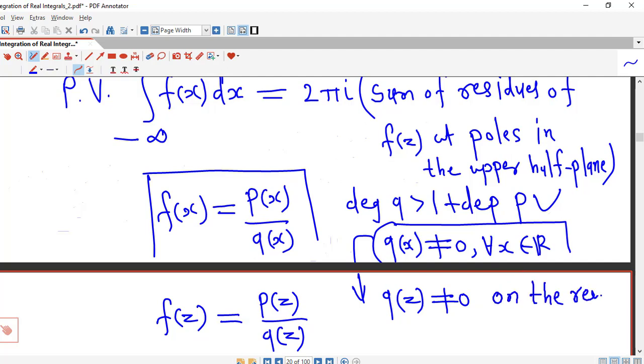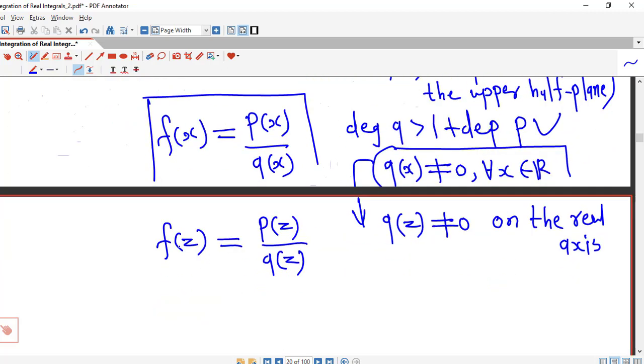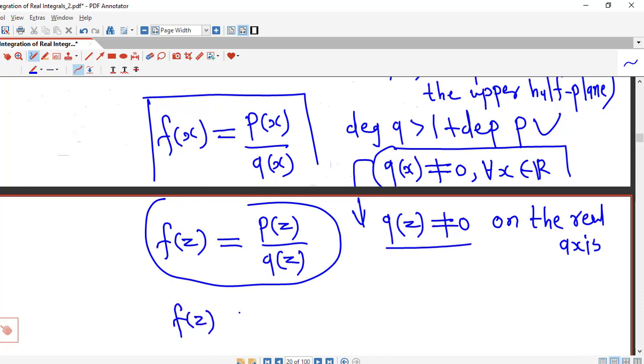That is, q(z) has no zeros on the real axis, and because f is a rational function, since q(z) is non-zero on the real axis, we can say that f of z has no poles on the real axis.